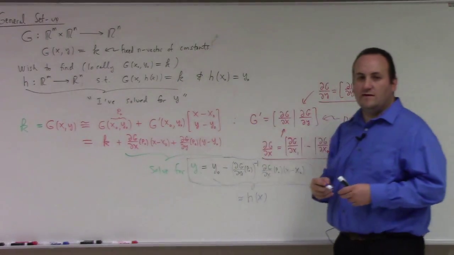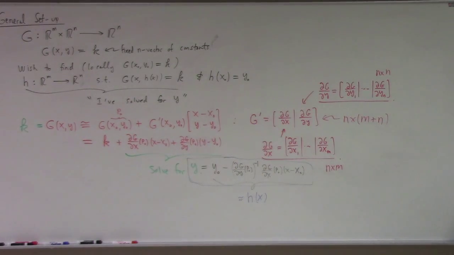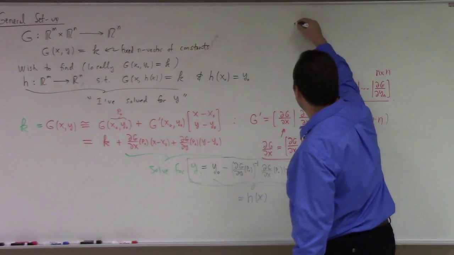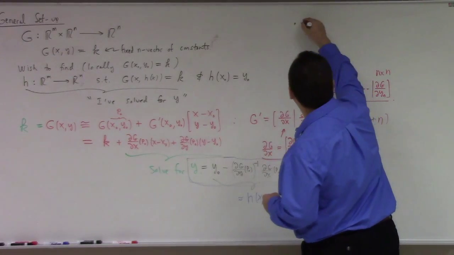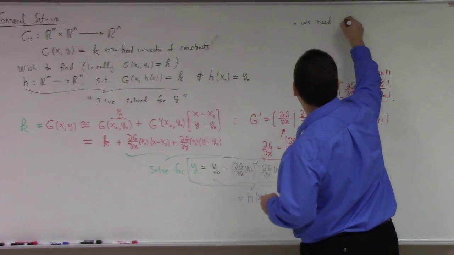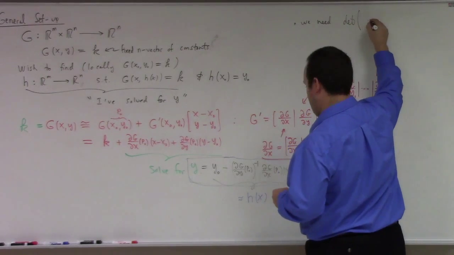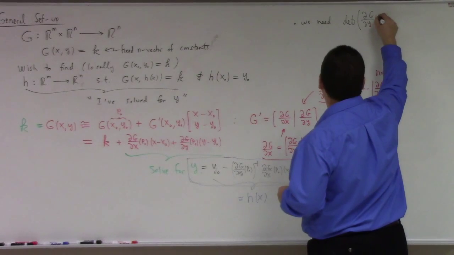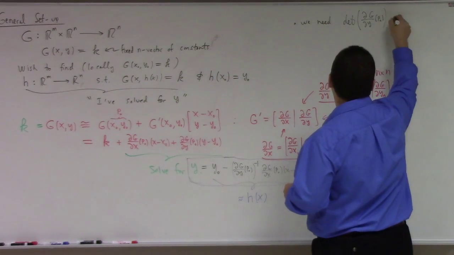And what is the condition that we need in order to find such a solution? Invertibility of what? We need the determinant of partial g partial y at the point not equal to 0.